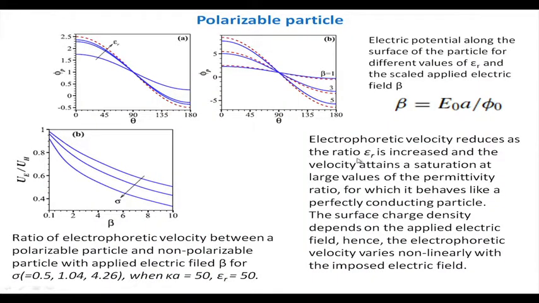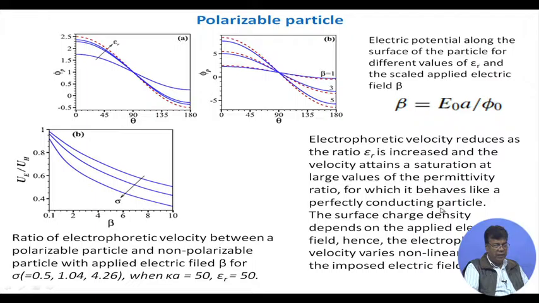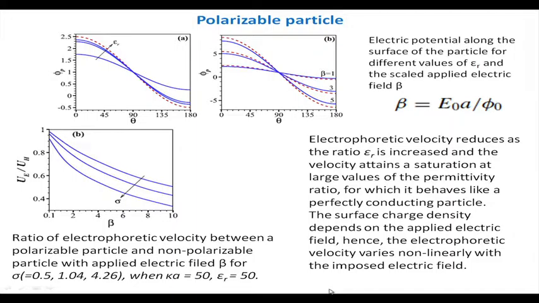That is why you find that the electrophoretic velocity reduces as the ratio epsilon r is increased, and the velocity attains a saturation at a large value of the permittivity ratio, for which the particle behaves like a perfectly conducting particle. And also what I see is that the surface charge density depends on the applied electric field, hence the electrophoretic velocity varies nonlinearly with the imposed electric field.